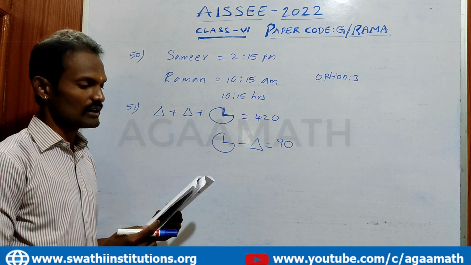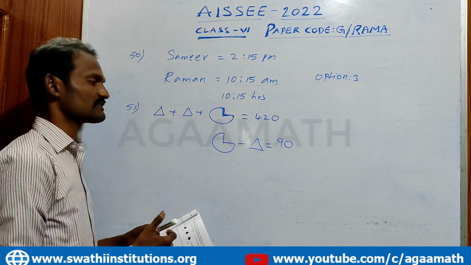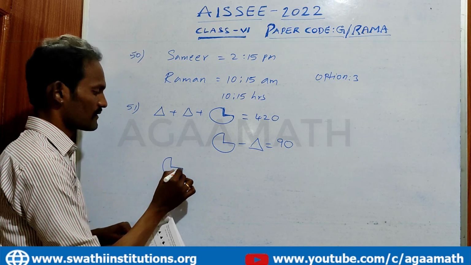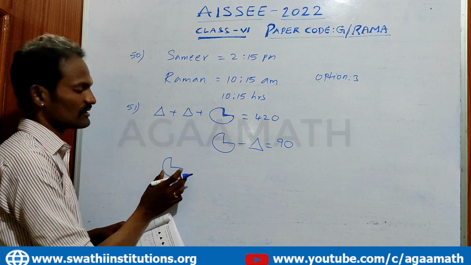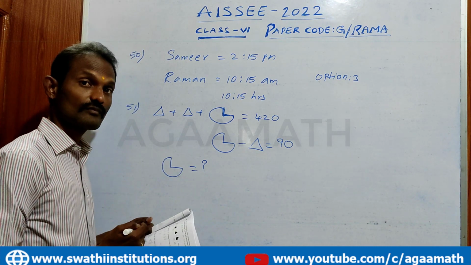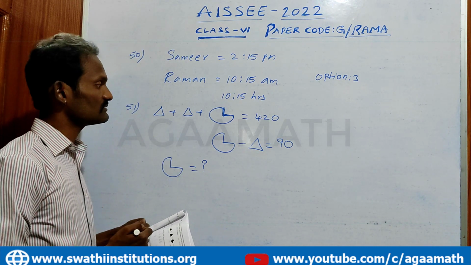The question is: what is the value of this part of a circle, this figure? So what is its value? I do one thing.